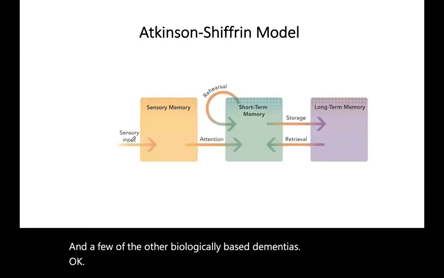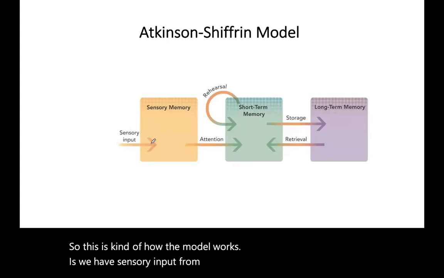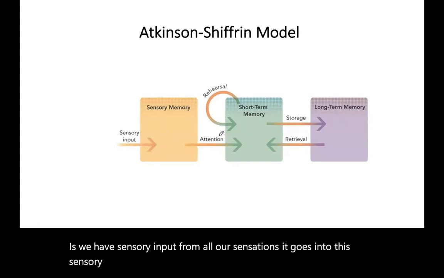So this is kind of how the model works. We have sensory input from all our sensations. It goes into this sensory memory system. Those things that we attend to are then put in our short-term memory.